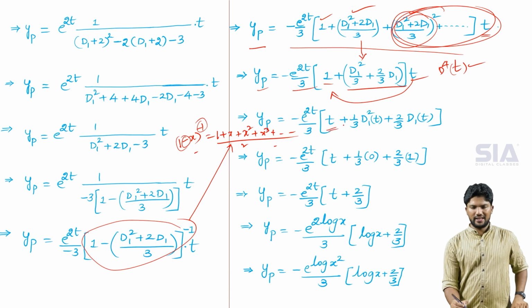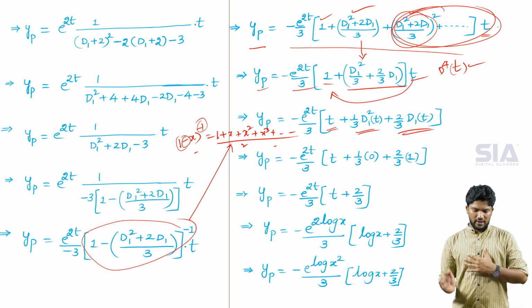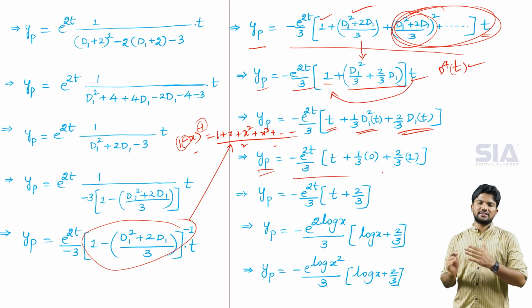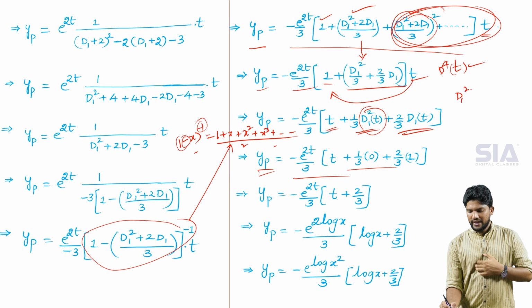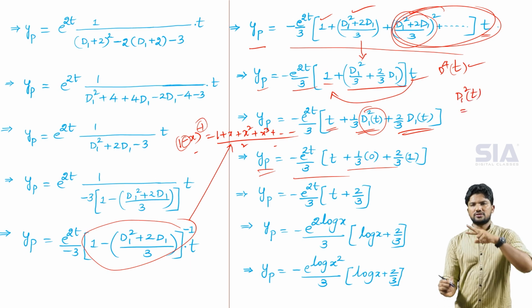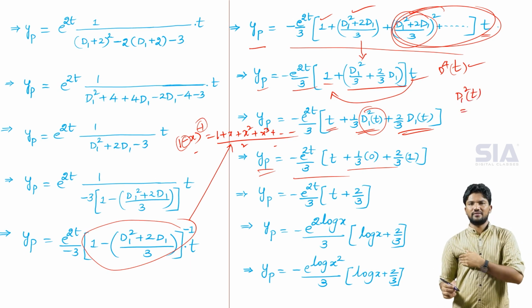So 1 into t plus 1 by 3 into D square into t plus 2 by 3 into D1 into t. So y suffix p is equal to minus e power 2t by 3 into t plus 1 by 3 into D1 square into t. That means 2 times the derivative of t with respect to t.